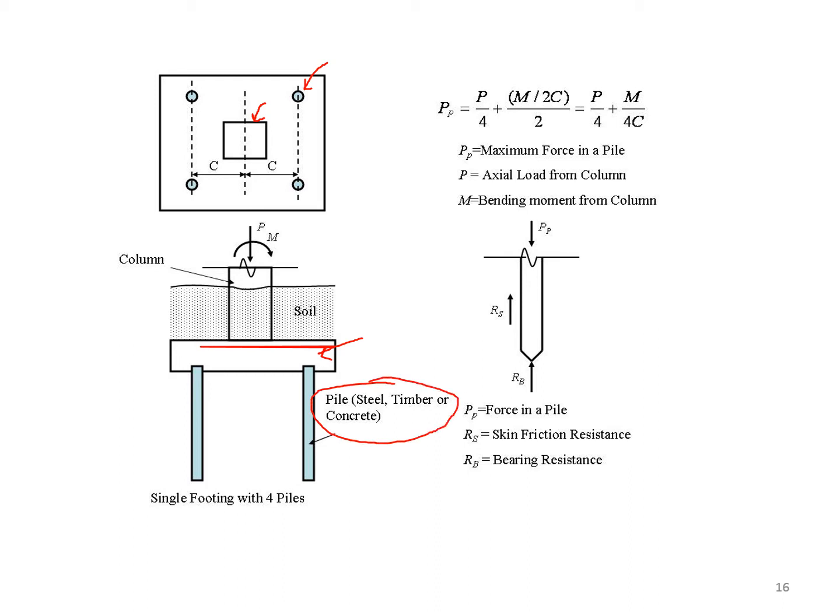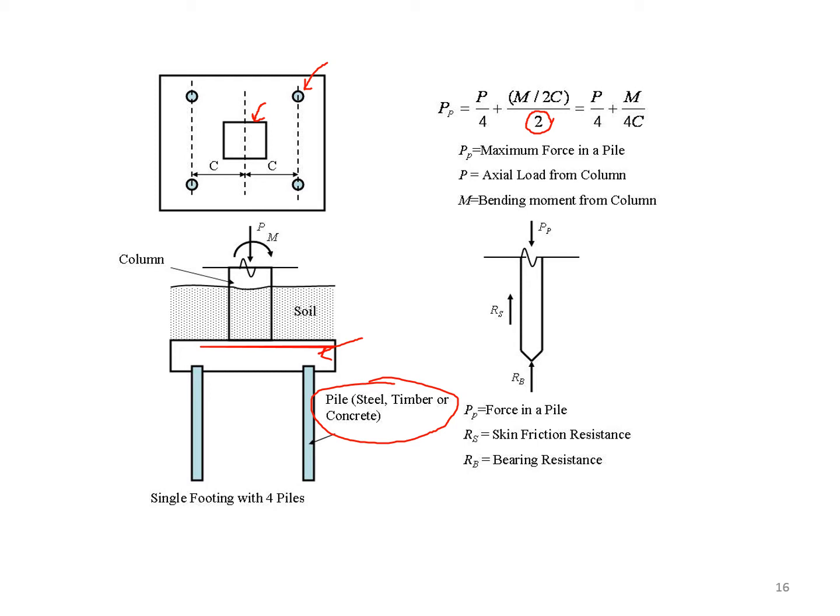Now the distribution of the forces to the piles is obtained from the famous equation of P/A plus or minus Mc/I. However, here, rather than the area and the moment of inertia, we simply use the number of piles. For example, for the area, we just have 4 because there are 4 piles. For the moment of inertia, we simply take the distance to the power of 2.